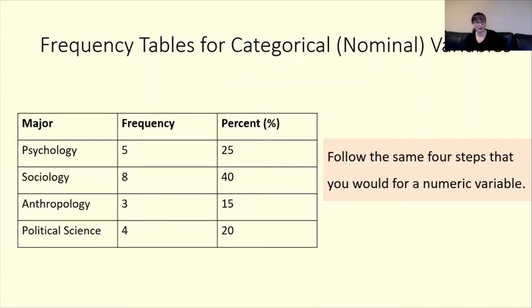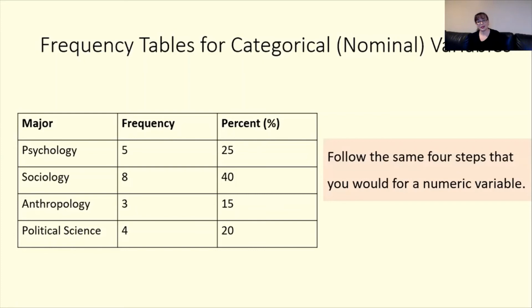And so you can see that the only difference here really is that instead of numbers as our possible values, here we're having these different majors: psychology, sociology, anthropology, political science in this case. And so now we have names of categories, or names of groups, rather than numbers.